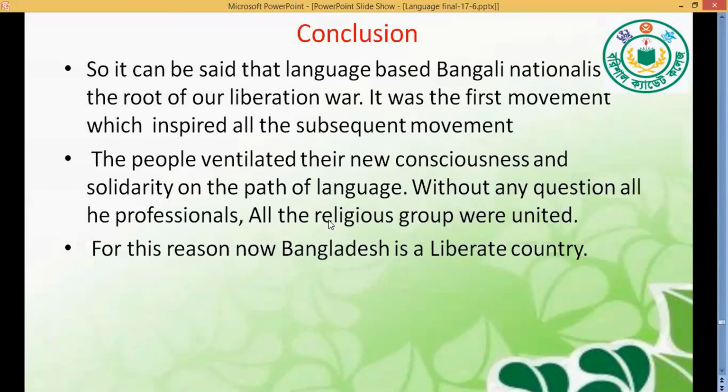The people ventilated their new consciousness and solidarity on the path of language. Without any question, all the professionals, all the religious groups were united. For this reason, now Bangladesh is a liberated country.